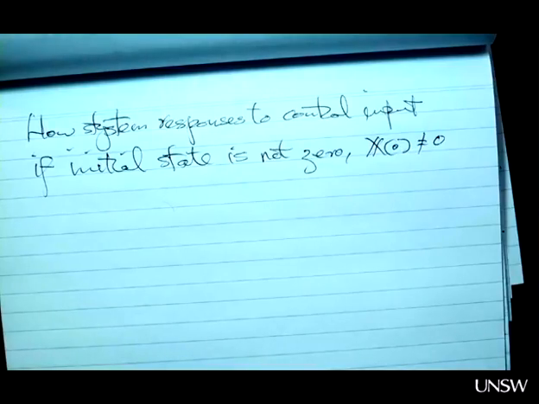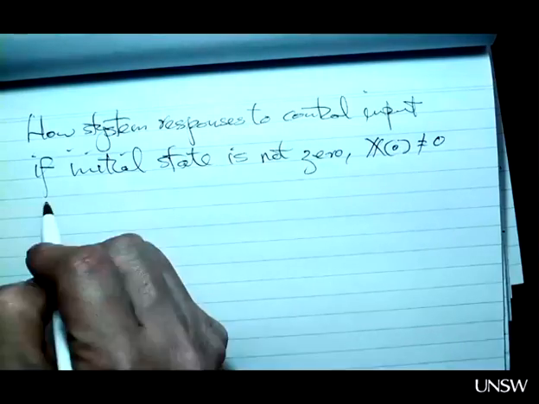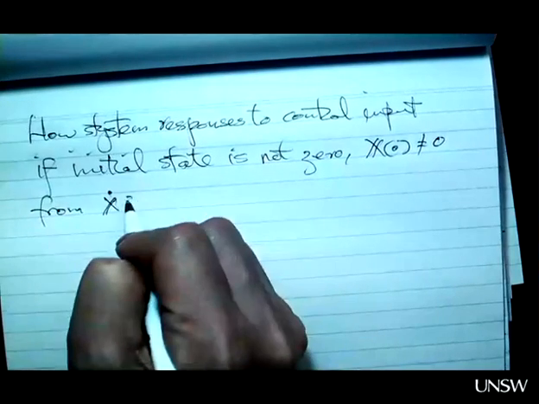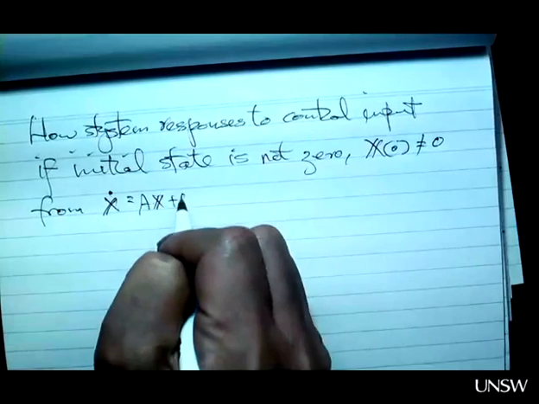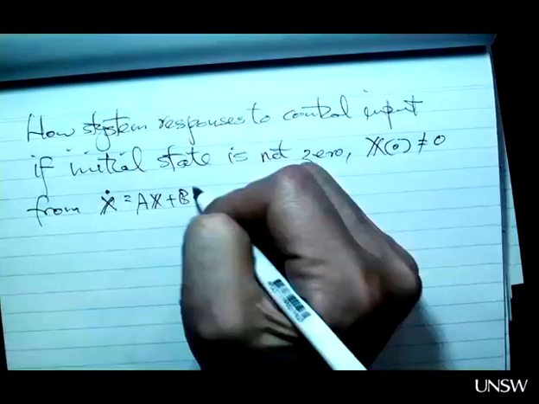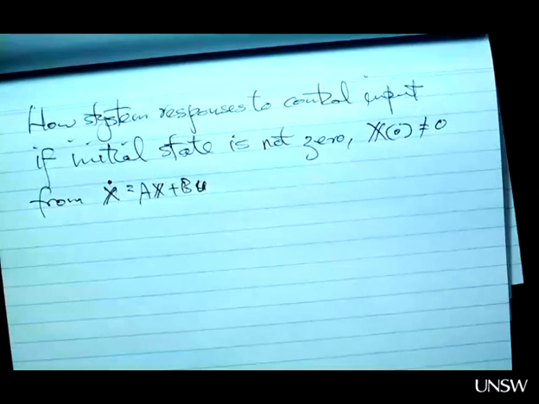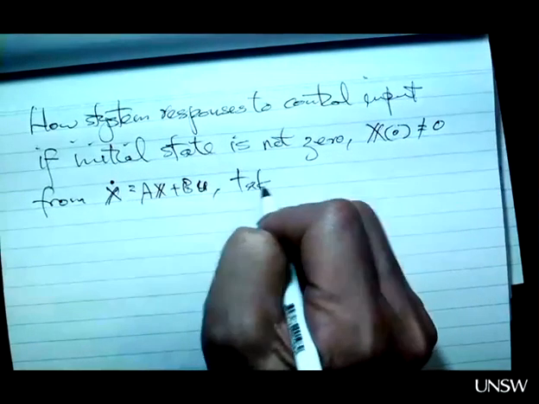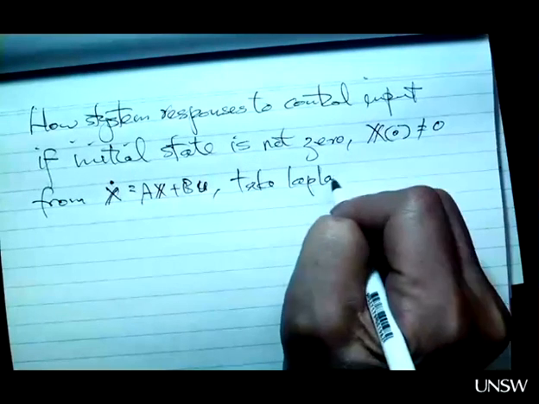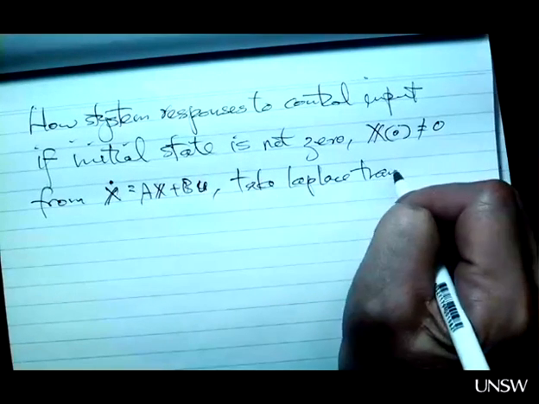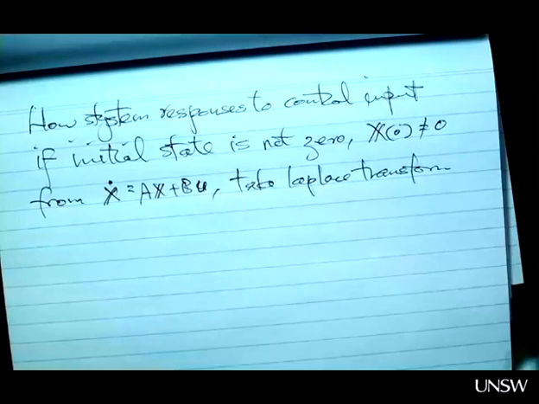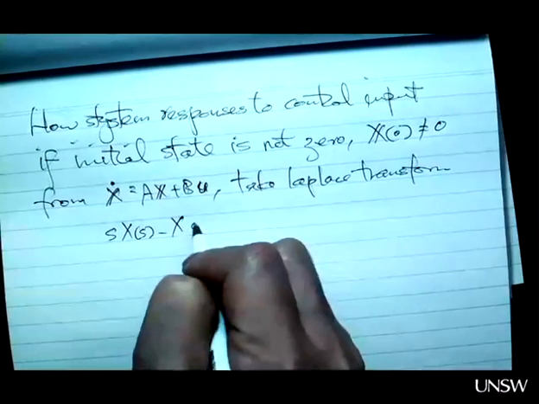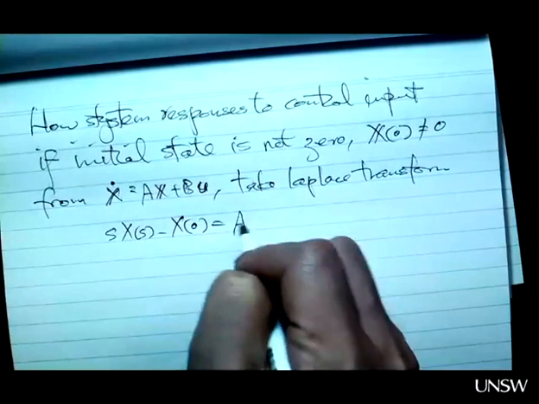So from the equation x dot equals Ax plus Bu, if we take the Laplace transform, then we have sX(s) minus x0 equals AX(s) plus BU(s).